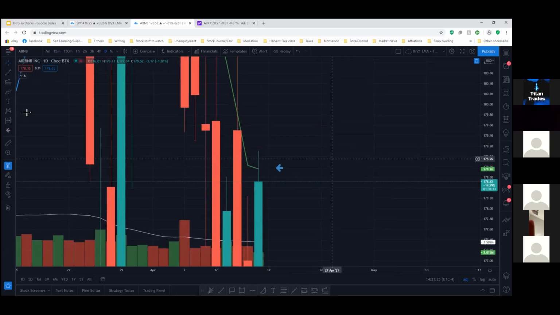The next riskiest play would be right here at the previous high. And then one of the safer plays would be, technically, this would be another potentially risky play, but still safe. And then the most safe play would be right here, because if you look at it, these are all previous resistances right here. So this one's the top of them.